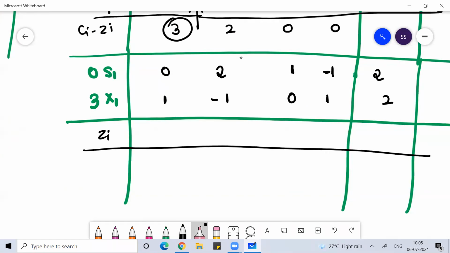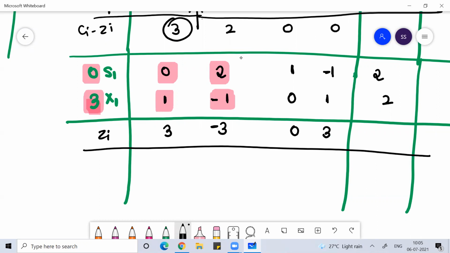The Zi values are 0 into 0 plus 3 into 1, you get 3, then 0 into 2 plus 3 into minus 1, this would be minus 3, then 0 into 1 plus 3 into 0, next one 0 into minus 1 plus 3 into 1, this would be 3.